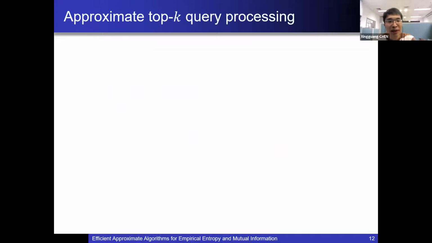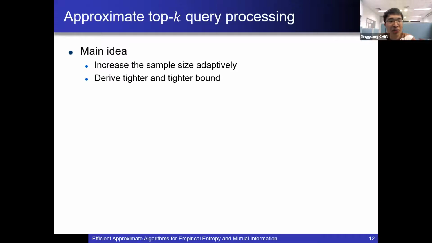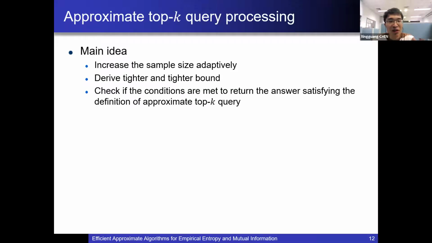For approximate top K query processing, the main idea is to increase the sample size adaptively. We derive tighter and tighter bounds and check if the conditions are met to return answers satisfying the definition of the approximate top K query. We design a stopping condition as follows.